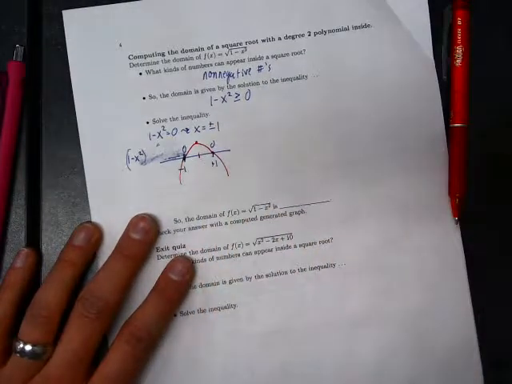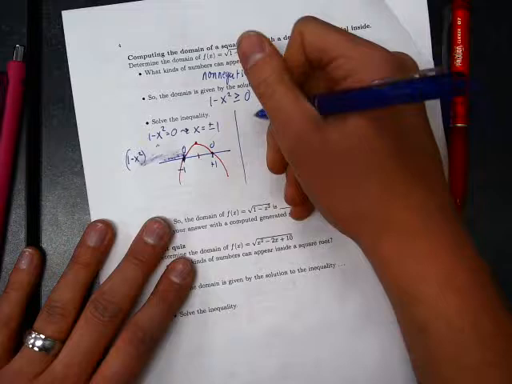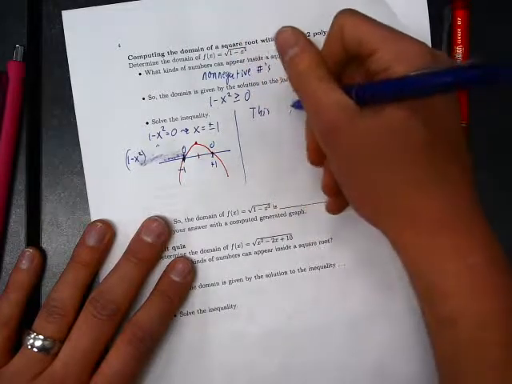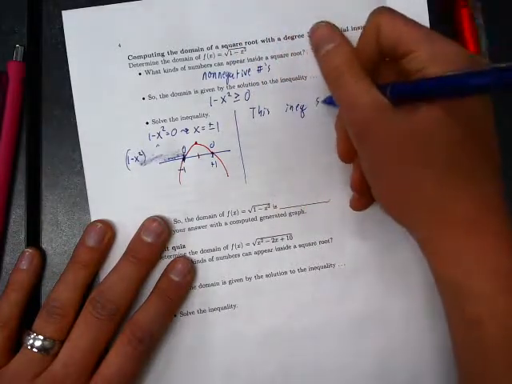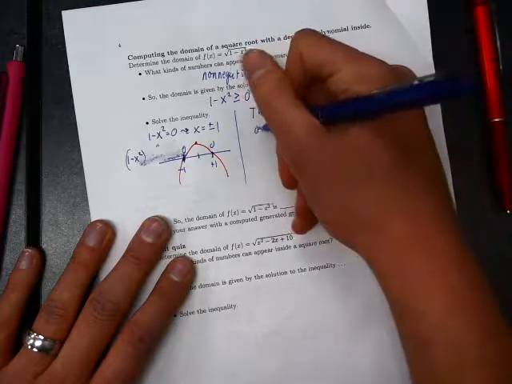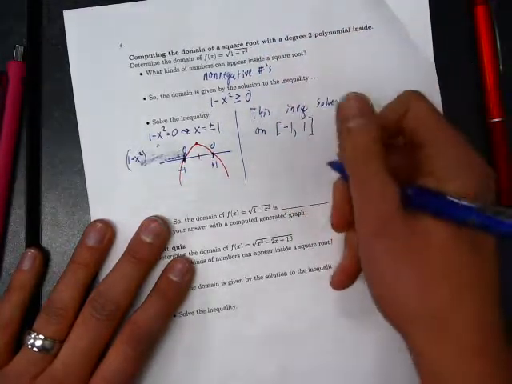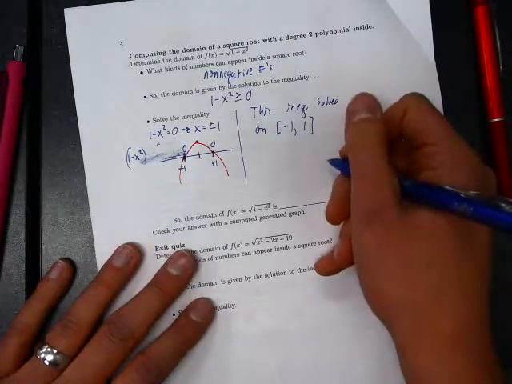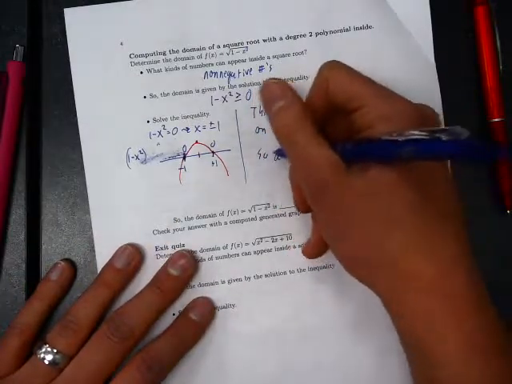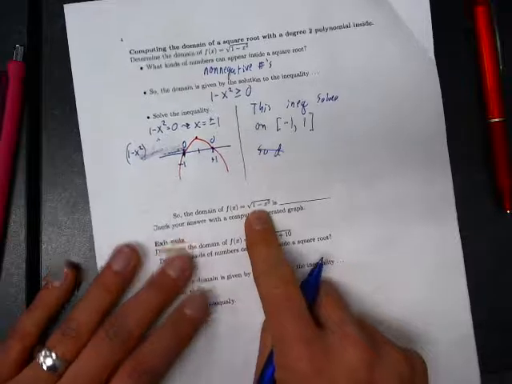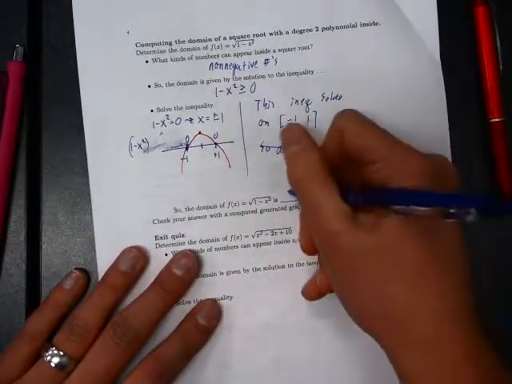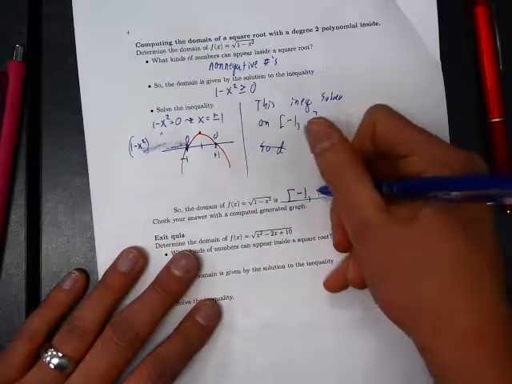It looks like that's from negative 1 to positive 1. This inequality is solved on negative 1 to 1. So the domain of f of x equal to the square root of 1 minus x squared is the closed interval from negative 1 to positive 1.